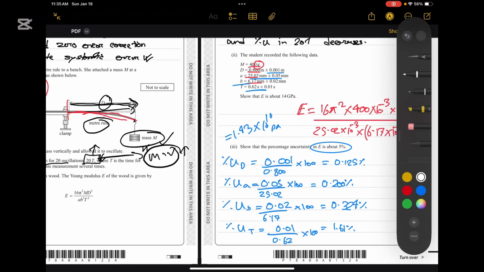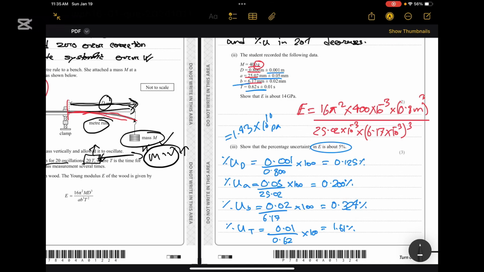The percentage uncertainty of E, let's write it down here. Percentage uncertainty of E is equal to the percentage uncertainty of M. Here M and D are in multiplication form, but when we find percentage uncertainty we always add all the values. So percentage uncertainty of M plus percentage uncertainty of D into 3, because here it is cubed, so we multiply it by 3.